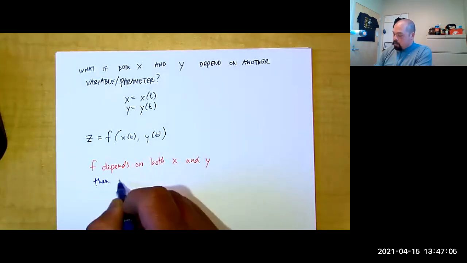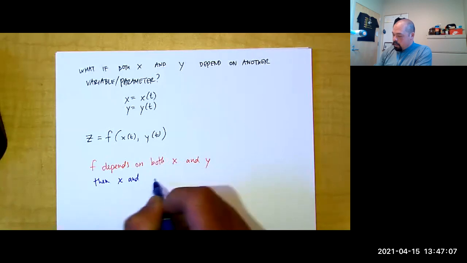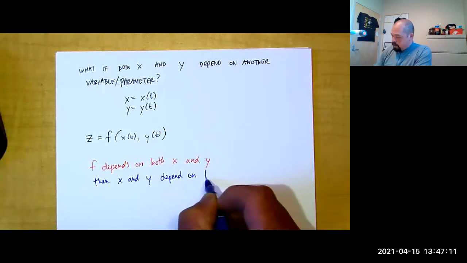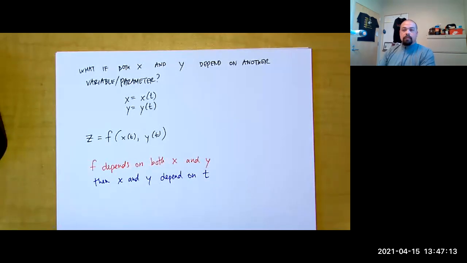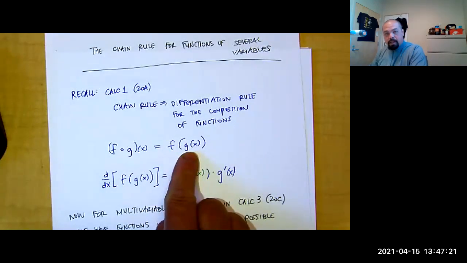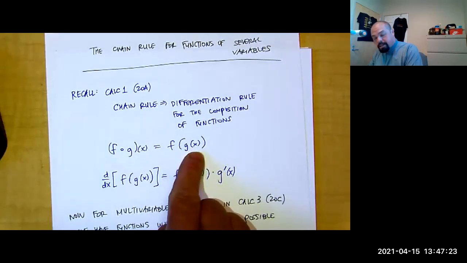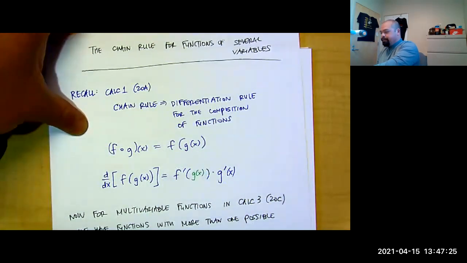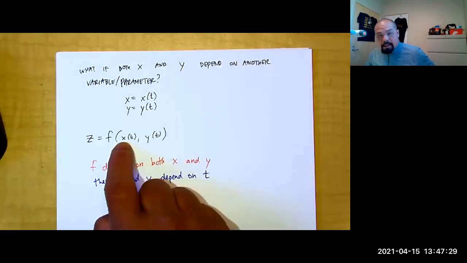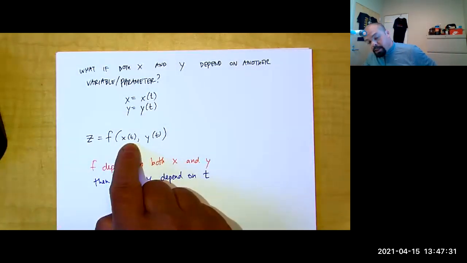Then x and y depend on t. So it's very much like that chain rule discussion we had here. F depends on g, g depends on x, right? So now in this case, f depends on x, x depends on t.